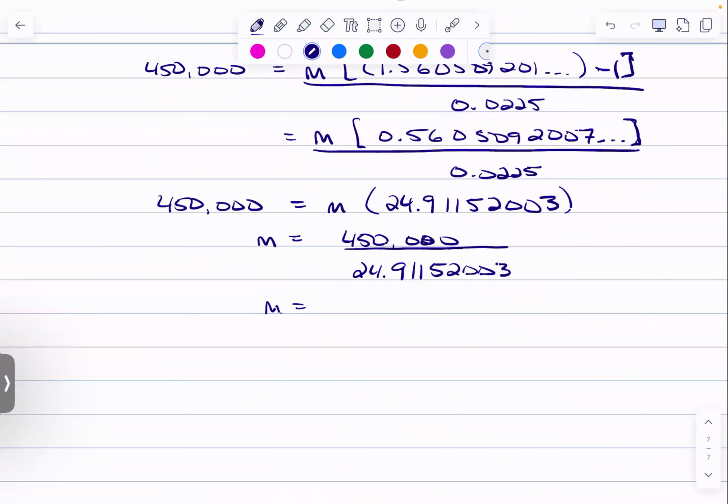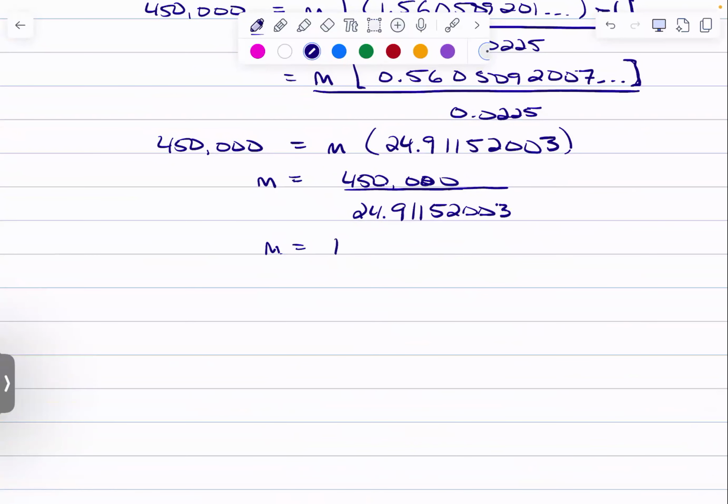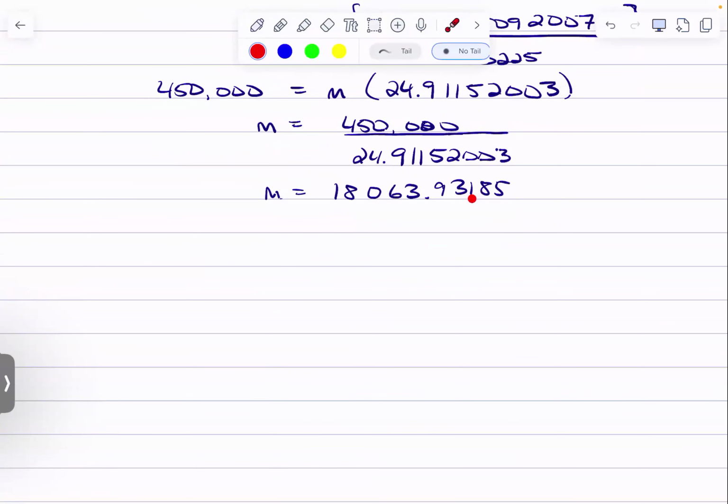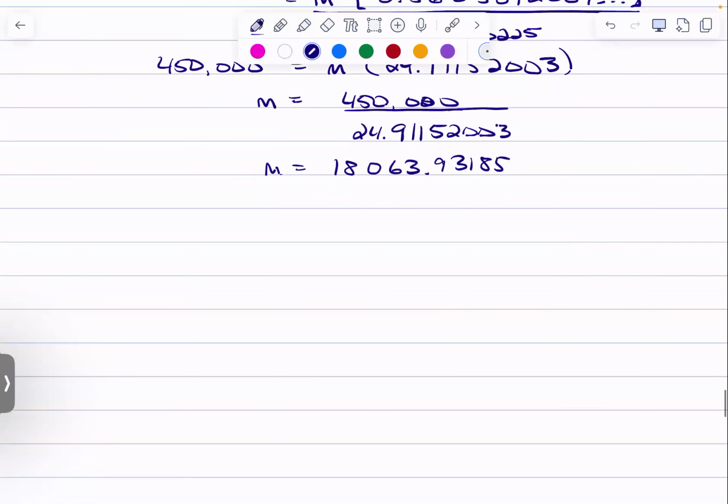Phew. Back where I started. 18063.93185. Because my third decimal place is less than 5, I just keep my second decimal place as is. 93.